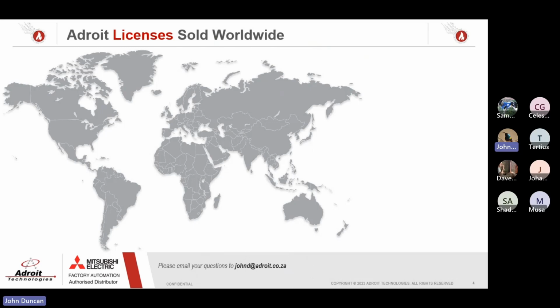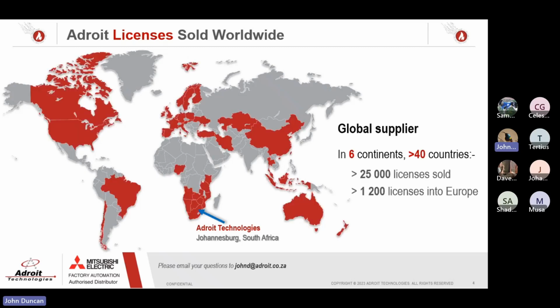So from a license perspective, looking globally, we are based here in Johannesburg, in South Africa, and we have sold licenses throughout the world in 6 different continents and over 40 countries. Collectively, there are more than 25,000 licenses sold worldwide.